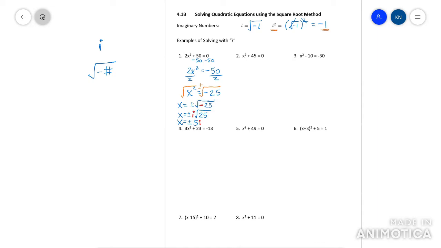So let's look at another one. You would need to subtract 45 first. And then you're going to root it. So now you're at x equals plus minus root of -45. Again, when you see a negative in that root, it's going to be taken out and become the letter i on the outside.